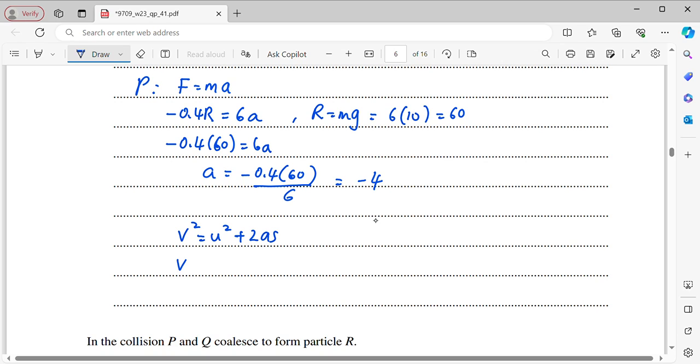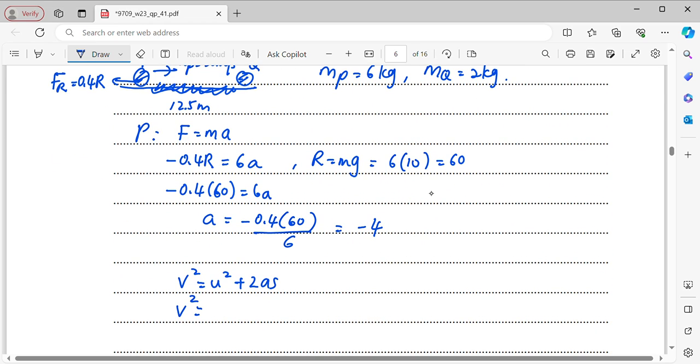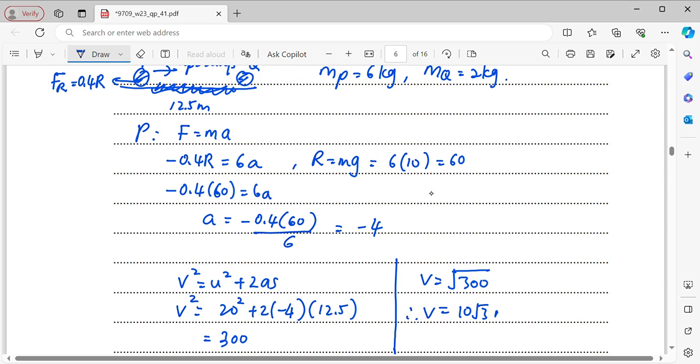So V squared equals 20 squared plus 2 times A, which is minus 4, and S is 12.5. Then this is going to be 300. So when V squared is 300, your V is the square root of 300. So then I will get 10 square root 3. So that is your V value. So we have shown this.